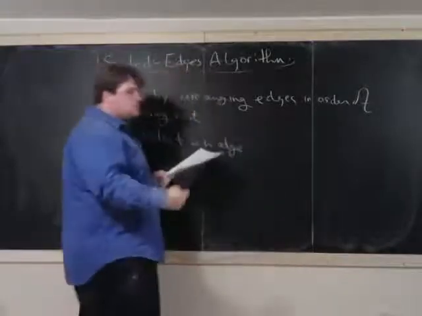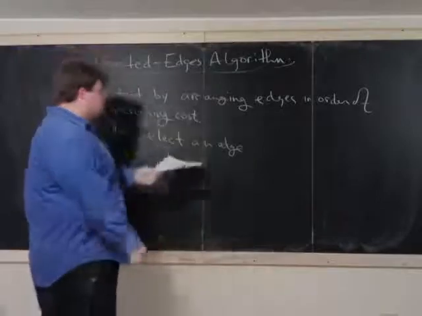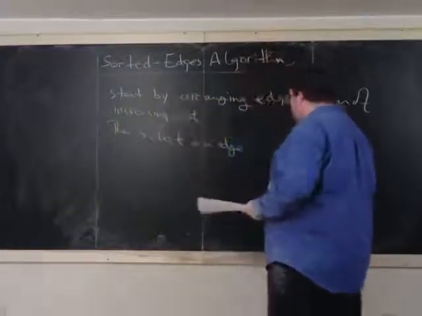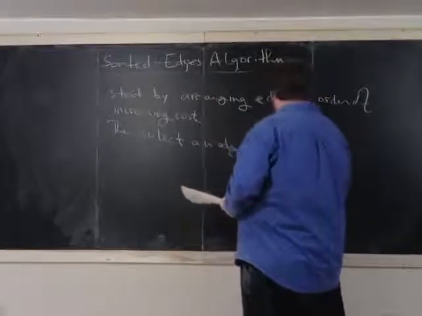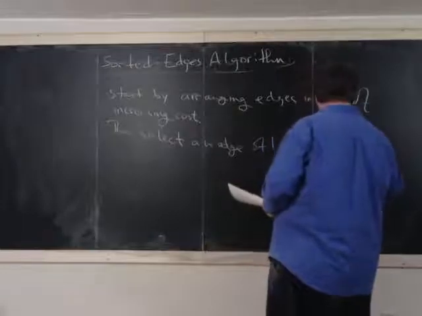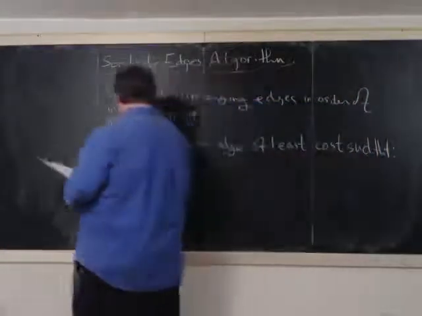So this selection, you start at the lowest cost. So this arranging assumes you start at the lowest cost when you go to this next step. Select an edge of least cost such that these two conditions are satisfied.